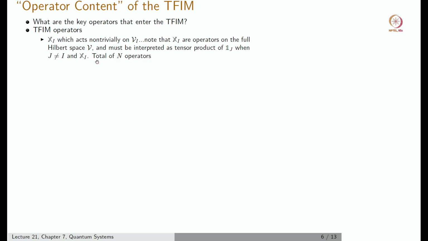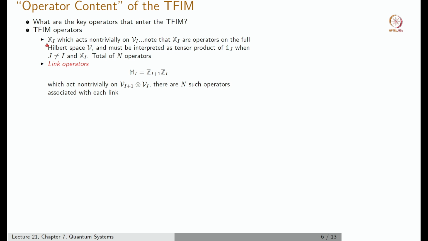Okay, this is the point. And what must be understood is that there are a total of n distinct operators of this kind. They are linearly independent operators, right? N distinct versions of those. So we have picked something from each qubit, and that's what the xi's are.